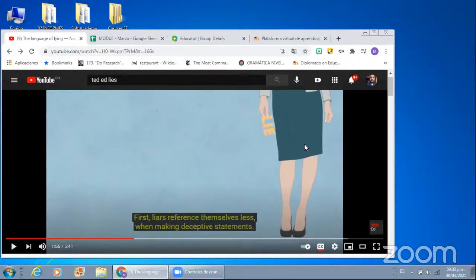It means that a liar is not going to say I, yo, is not going to say we, nosotros. A liar is going to say a person, una persona, a man, un hombre. It's going to use what? Third person. Why do liars use third person? Because they want to distance and disassociate themselves from the lie, right?